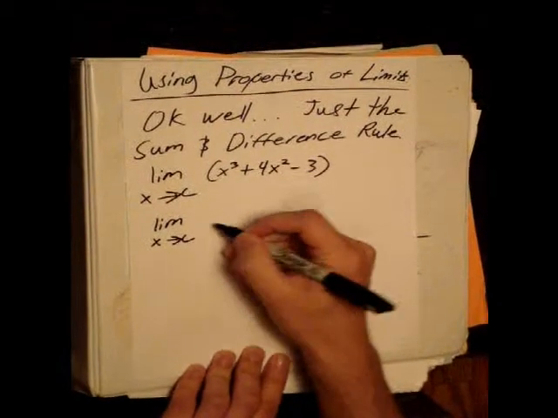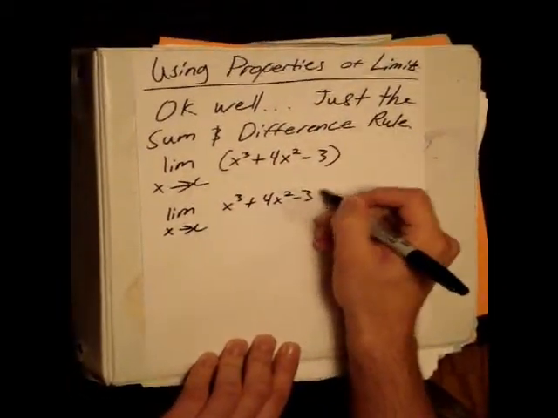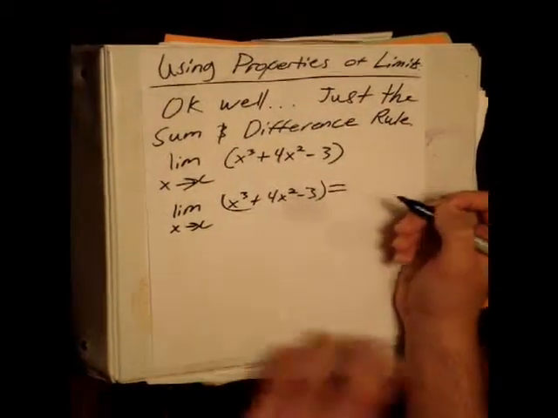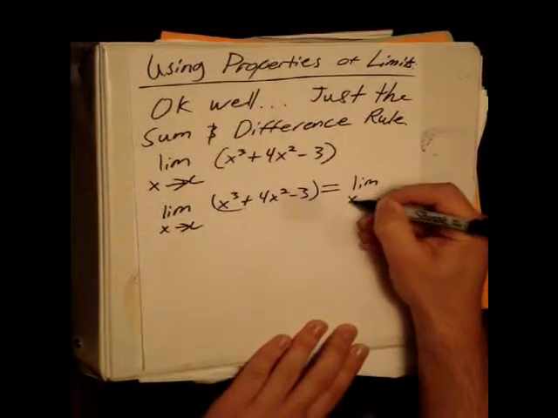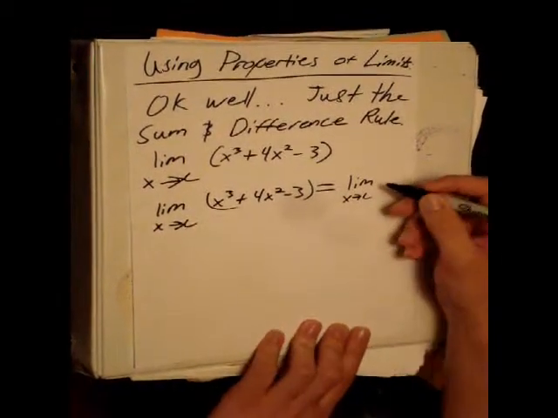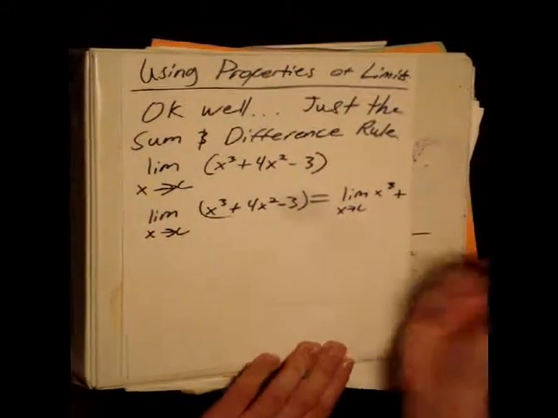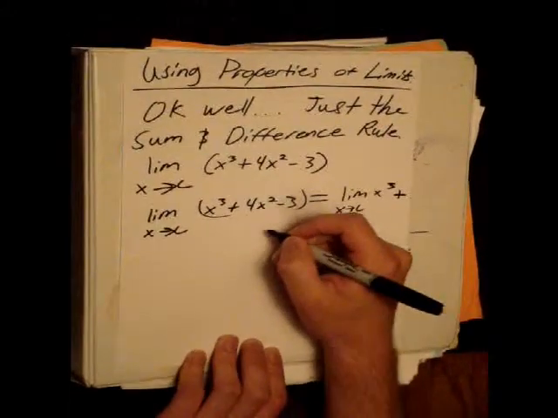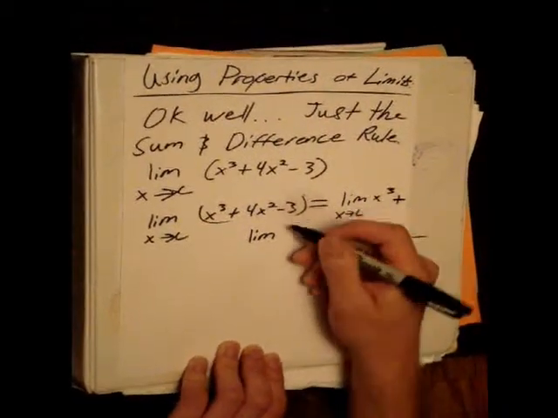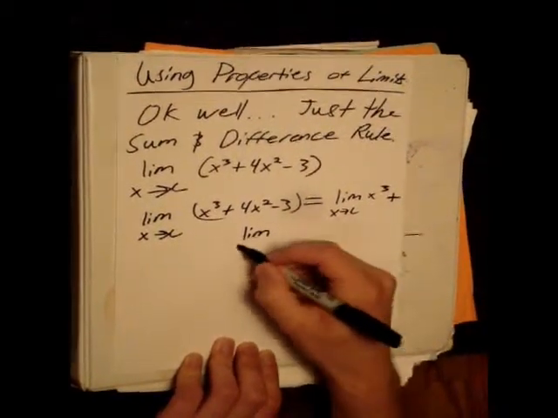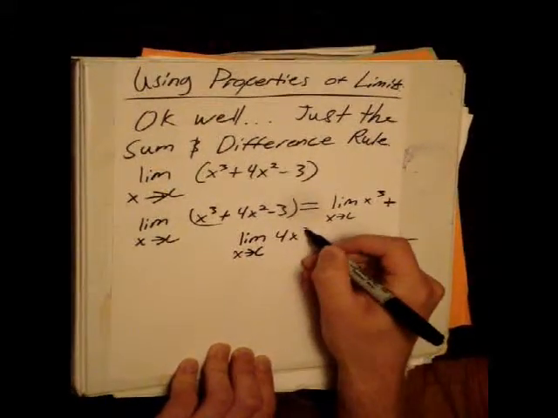Okay, so the limit as x approaches c of x to the 3 plus, I'm going to write it again, equals the limit as x approaches c of x to the third plus, next line, the limit of 4x squared.